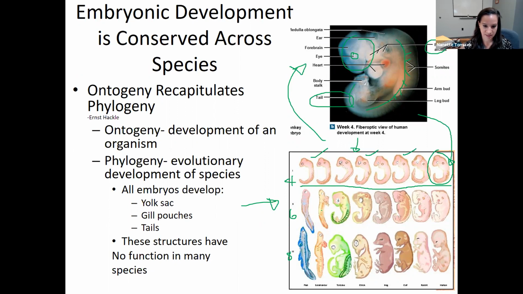And we'll see again, now the fish is starting to look a little bit different. We probably wouldn't confuse that with a human, but you would confuse a chick embryo with a human embryo, as you would with a rabbit or a calf, a pig. You really would confuse these things at early stages. Now at 8 weeks, we start to look a little bit more different. The mammals are really starting to, the human anyway, starting to lose their tail.